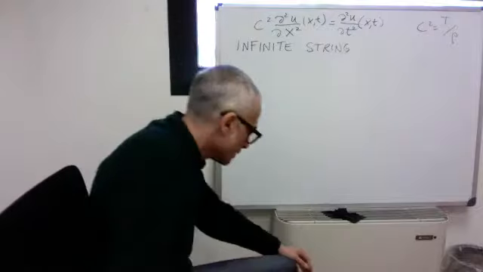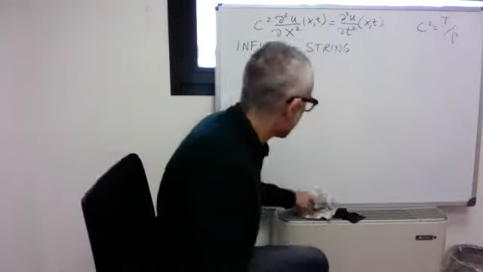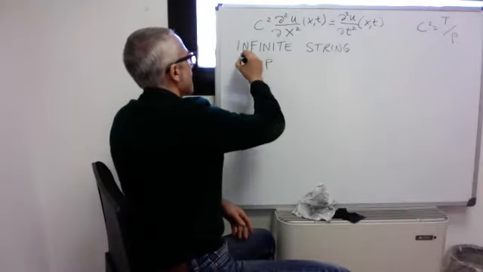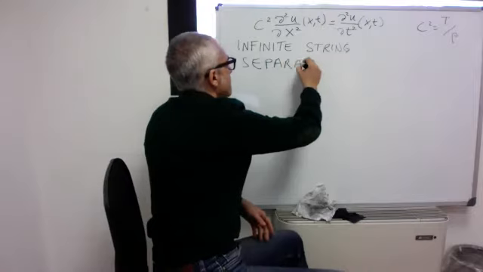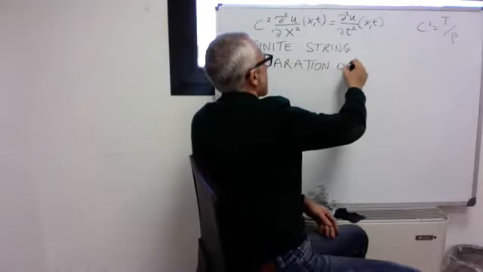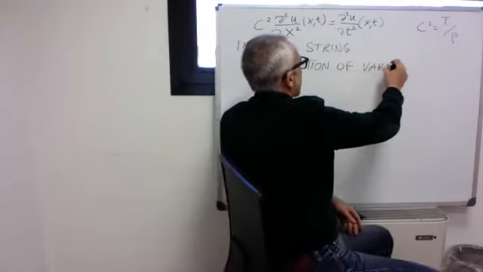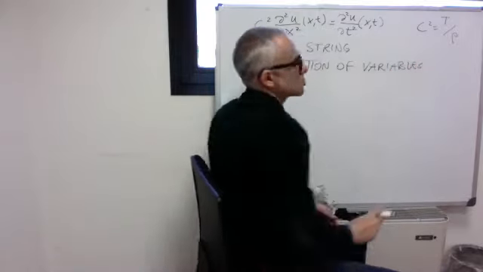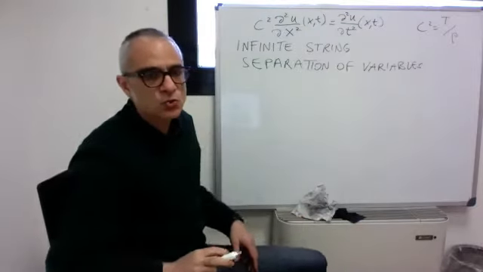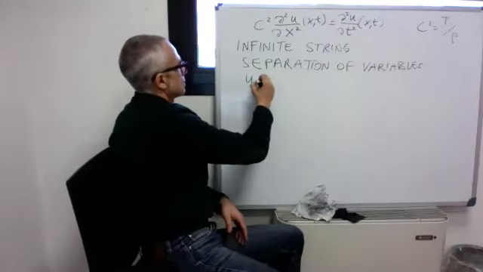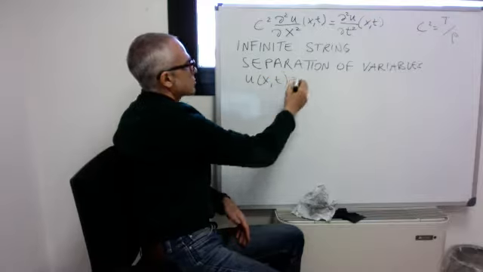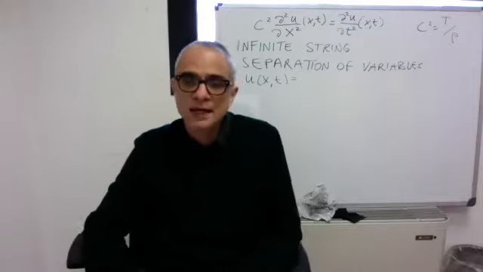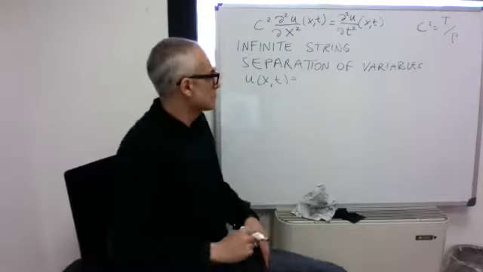What we did was to apply separation of variables, which in practice meant writing u, which is a function a priori unknown of space and time, as the product of two functions.